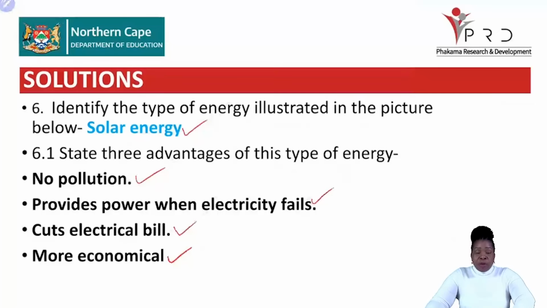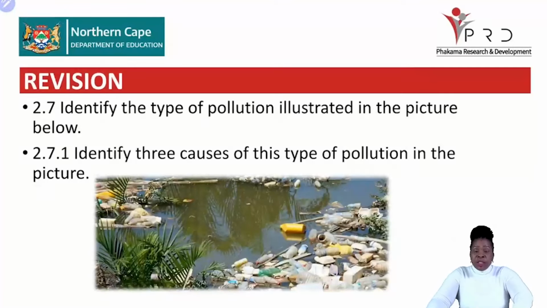And then we go on to our next question, which is 2.7, which says, identify the type of pollution illustrated in the picture below, right? And 2.7.1 reads, identify 3 causes of the type of pollution in the picture.